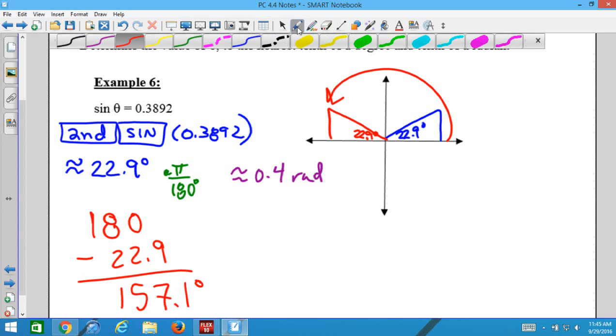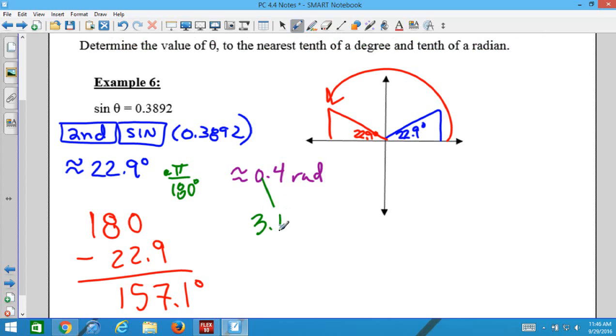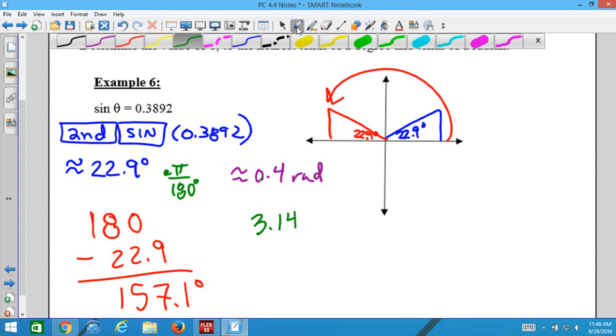When I go to do the radian version, I'm not going to convert it this time. I'm going to do the exact same thing that I did in red. I'm going to do that to the radian, but I'm just going to think in radians. So instead of 180 degrees, it's 3.14. And instead of subtracting 22.9, I'm going to subtract 0.4.